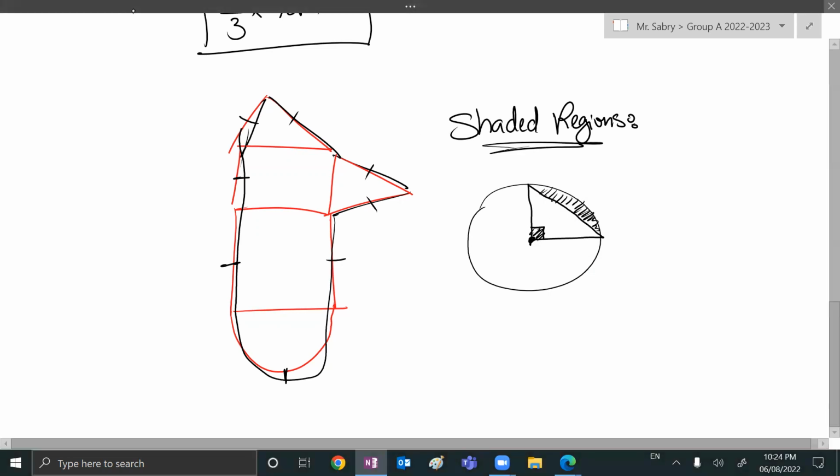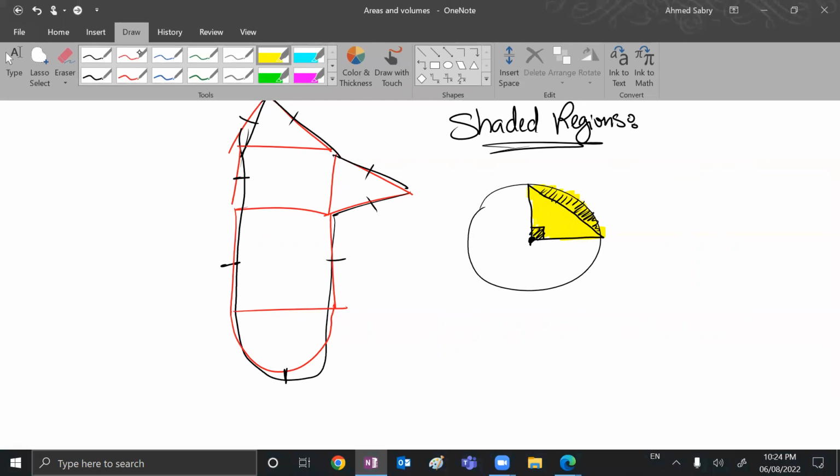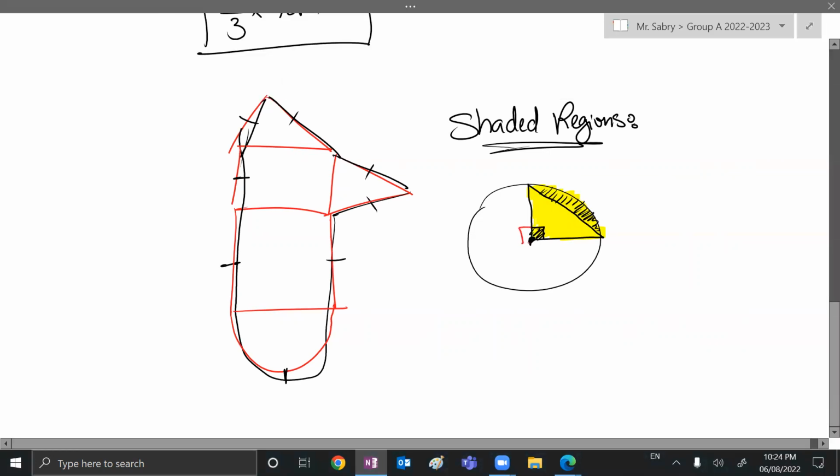This sector here, the yellow part, is considered a quarter of a circle. Why? Because the circle has a total of 360, so 90 here, 90 here, and another 90 there. Four spaces like this. We will do the area of this circle divided by 4. That will give you the area of the entire yellow region.